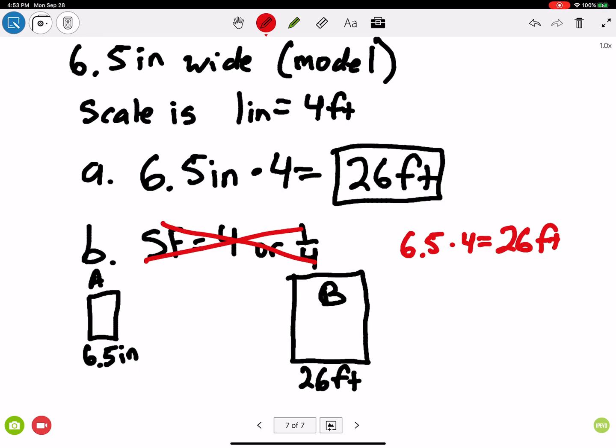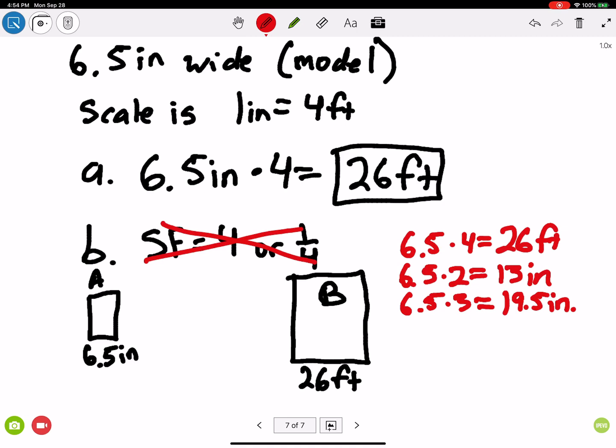Let's think about that. If I have 6.5 inches, and I double 6.5 inches, I now have 13 what? 13 inches. If I triple that instead, 6.5 inches tripled gives me 19.5 what?